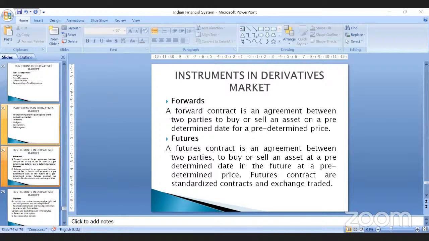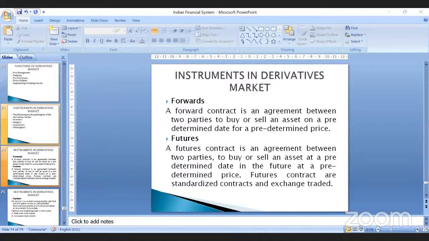Now, what are they doing? They are determining, well in advance, a predetermined date and a predetermined price. The price is also determined well in advance. When a buyer and a seller want to buy and sell an asset this way, we call such contracts forward contracts.